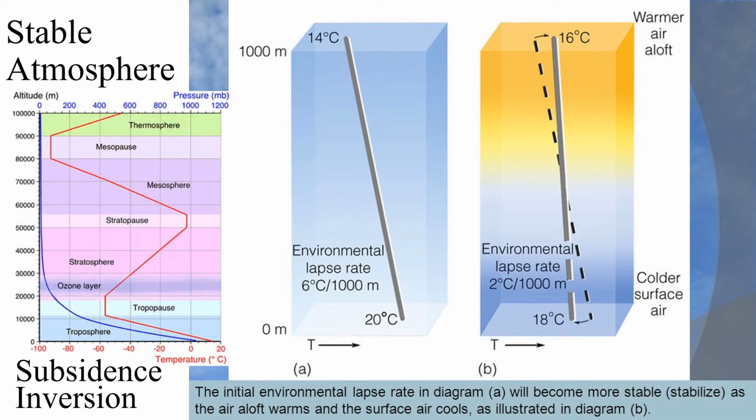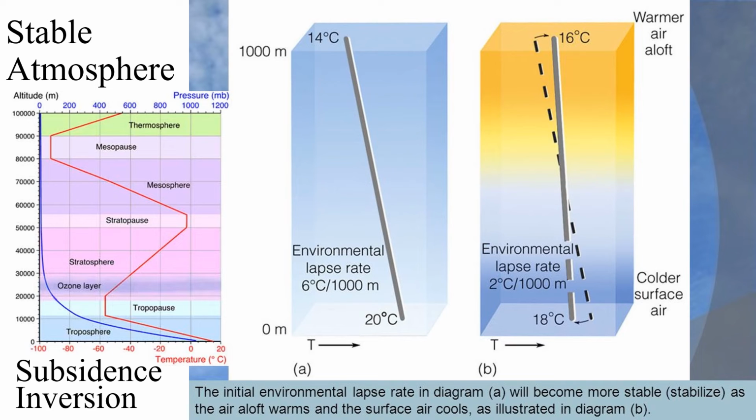Another way the atmosphere becomes more stable is when an entire layer of air sinks down. For example, if a layer of unsaturated air approximately 1000 meters thick covering a large area subsides, in this situation the entire layer of atmosphere will warm by a process called adiabatic compression.